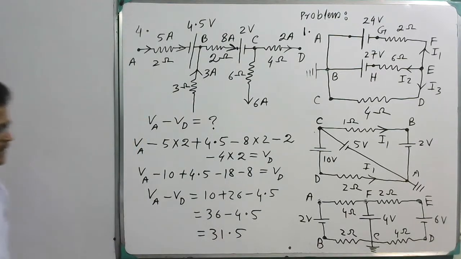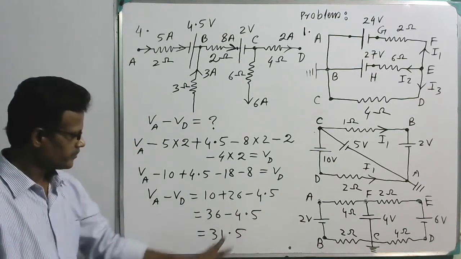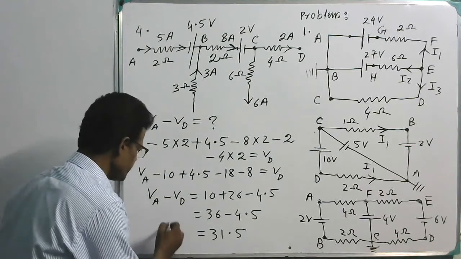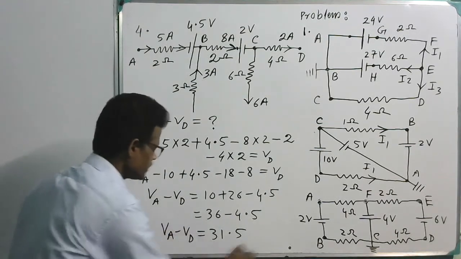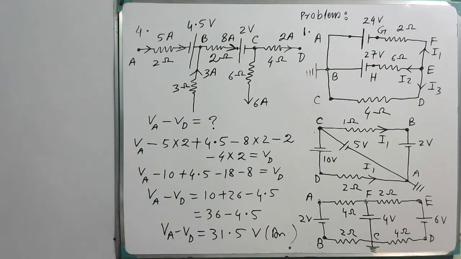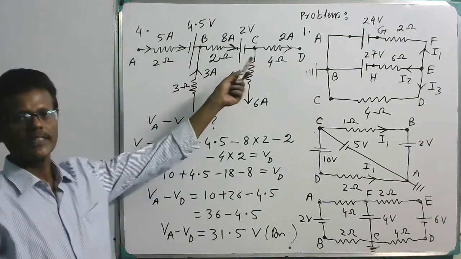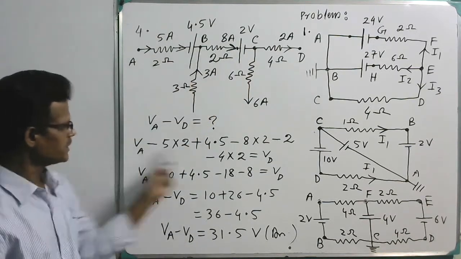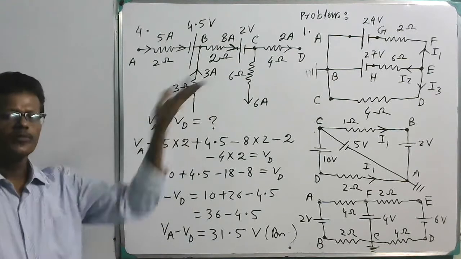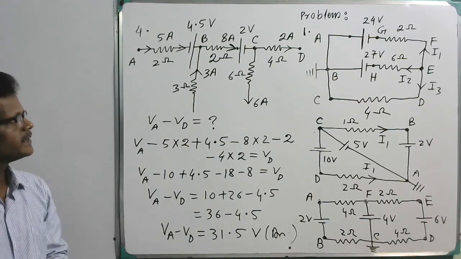So VA minus VD is 31.5 volts. So finding the potential difference between any two points, this is a very easy method you can apply to find the potential difference between any two points of any circuit.